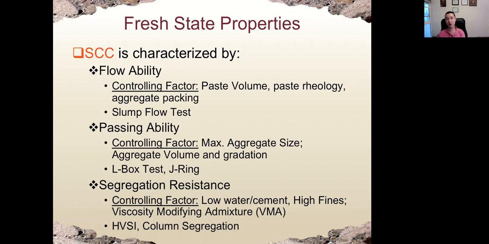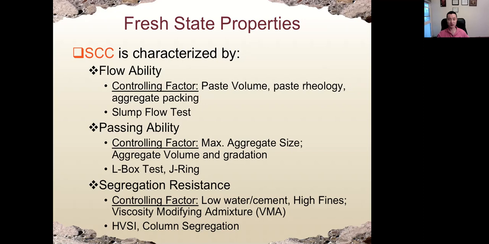Increased volume of aggregate will also reduce the passing ability. Better gradation will reduce the likelihood of blockage, so it increases the passing ability. The test methods include the air box test and also the J-ring test, which will be discussed in a moment.